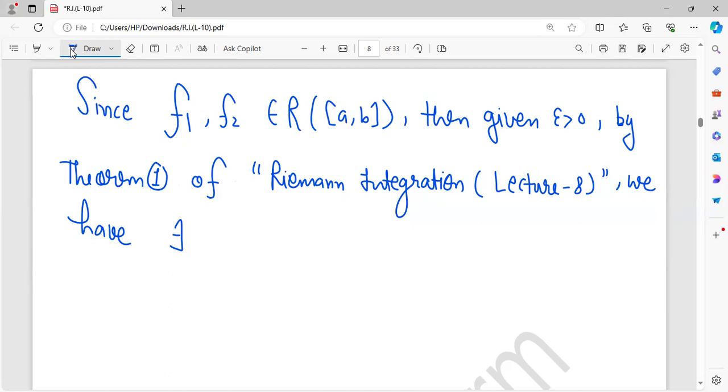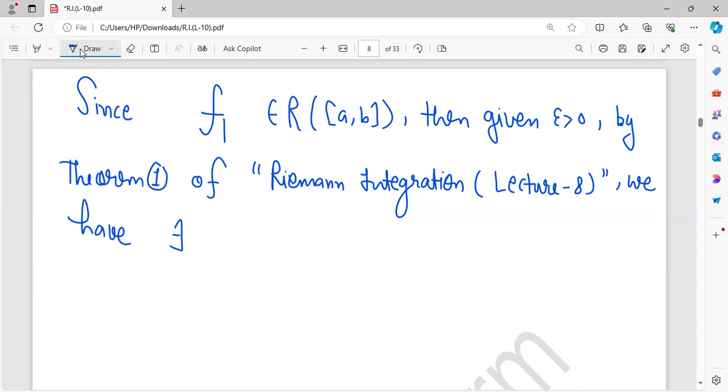So first you write F1 here. Since F1 belongs to the Riemann integrable set, F1 is Riemann integrable.